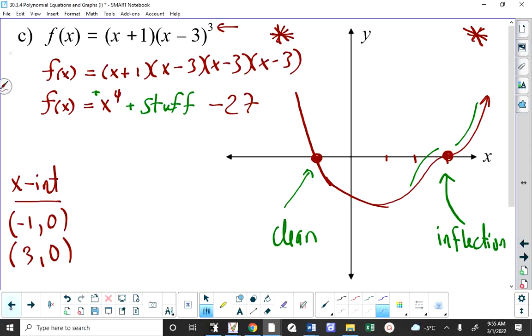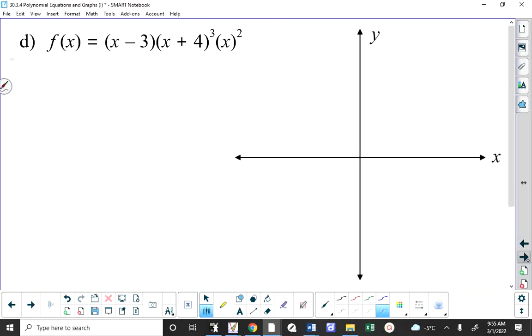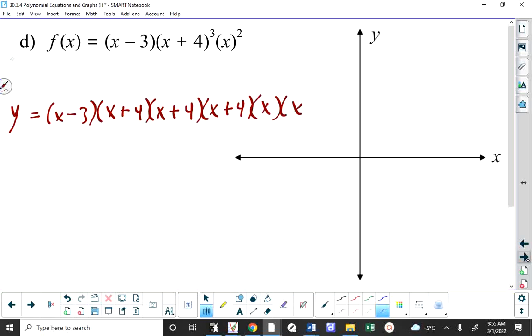So if we were to expand this out, we would have y equals x minus 3 times x plus 4 times x plus 4 times x plus 4 times x times x. So we will have an x-intercept of 3.